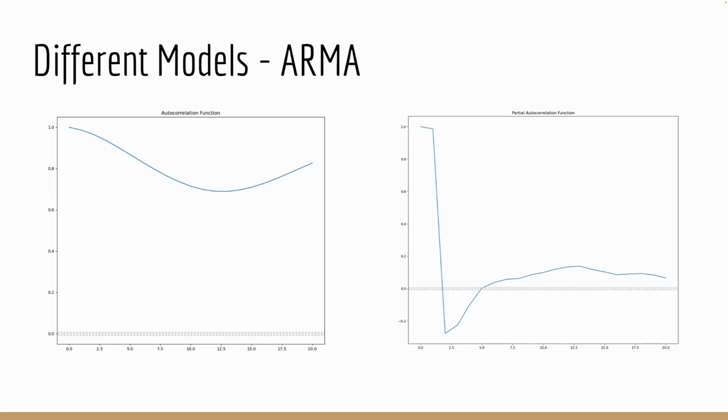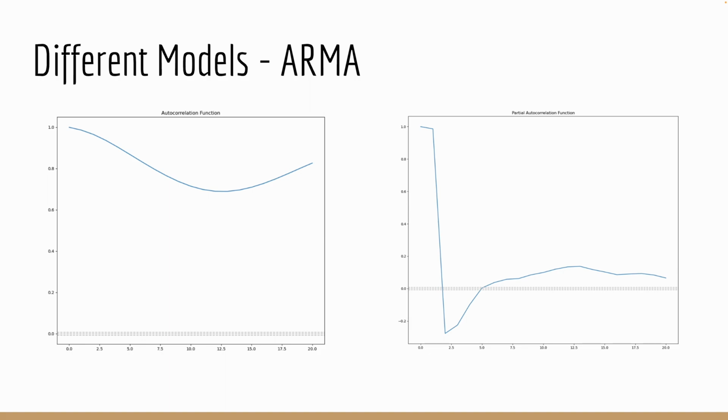So with that, I looked into the different models that were stated, and the one I'll be introducing in the slides is the ARMA one. I plotted the ACF and PACF of the ARMA, and you can see that the ACF starts at 1, then slowly makes its way down, but it never hits the confidence interval, nor does it drop down below 0.